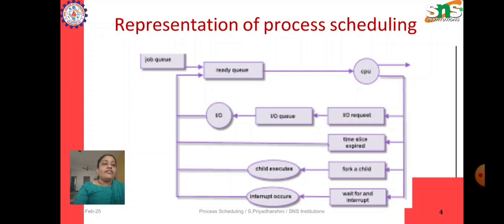Or else, if it is a time-sharing system and the time slice has expired, then the process is sent to the ready queue for further execution.